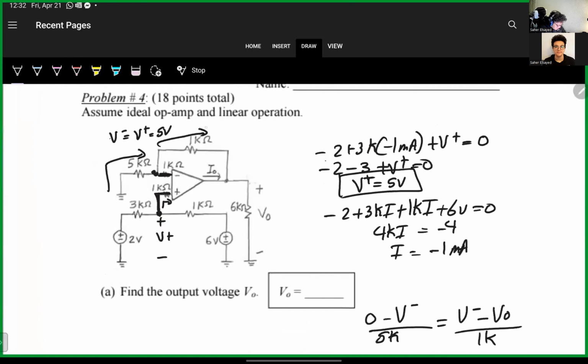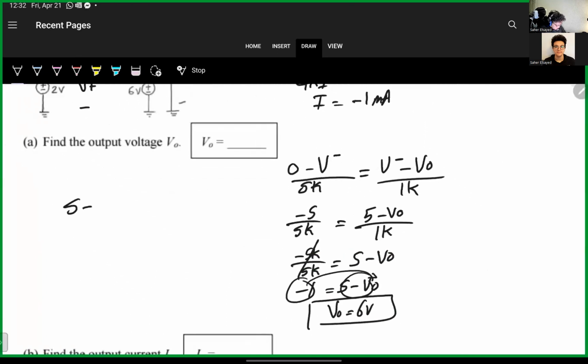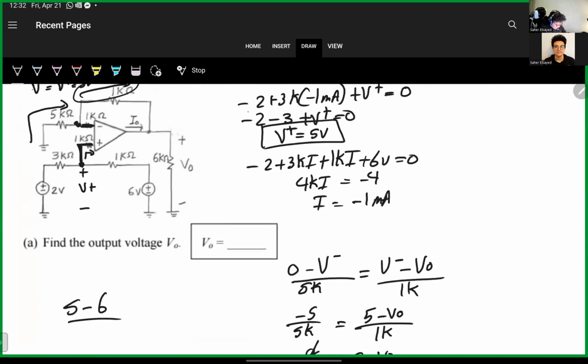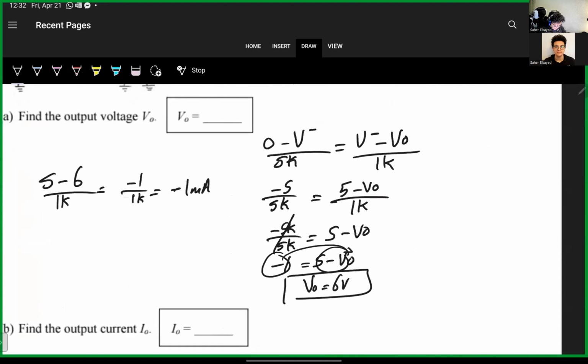Well, we know this current. We can figure out this current, right? It's 5 minus V out, which is 6, divided by 1K, which is -1 over 1K, which is -1 milliamp, correct? So the current here is -1 milliamp. We can also figure out the current here, which is going to be V out minus 0 divided by 6K. What is V out? 6 volt.